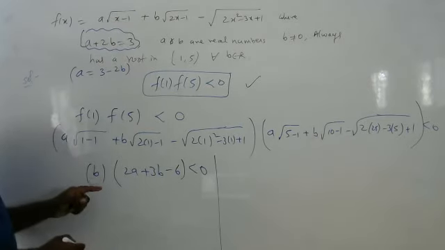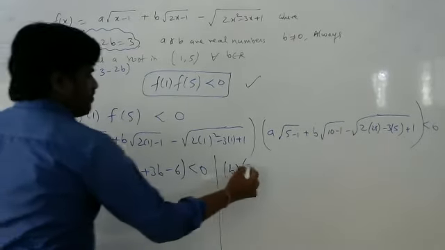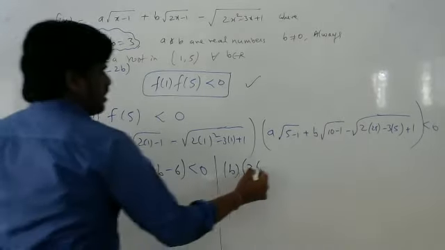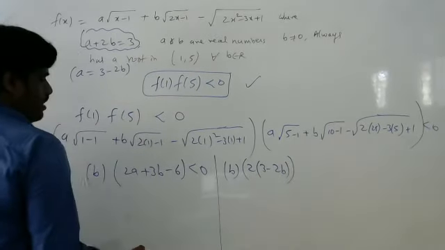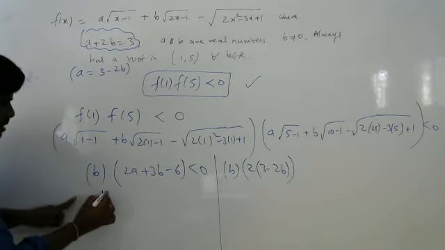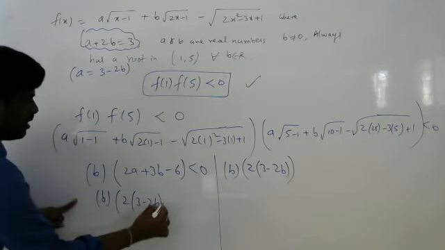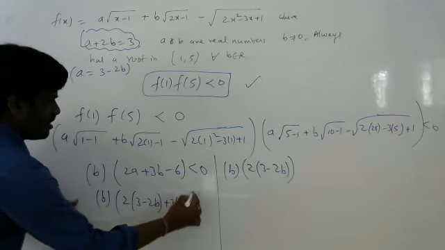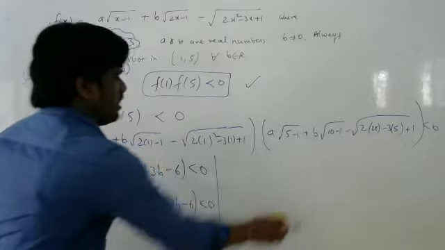So b into, in the place of a I can write 3 minus 2b. Write here, sir. Okay, b into 2 into 3 minus 2b plus 3b minus 6, less than 0. Is it correct or not? Check it here.